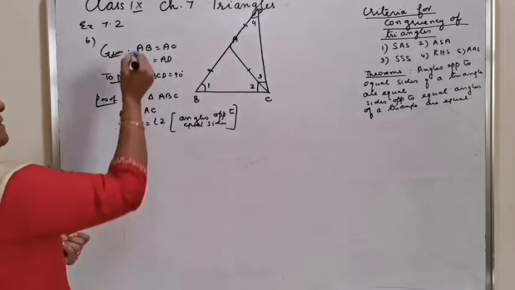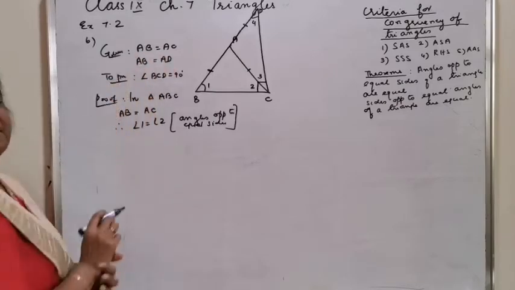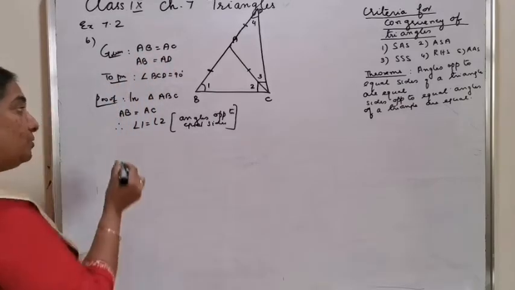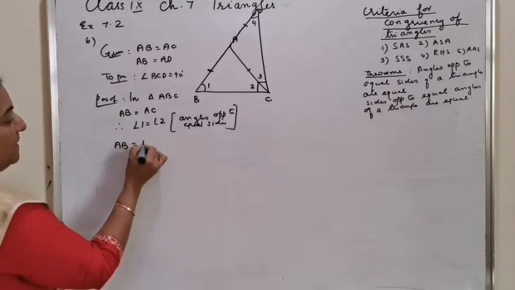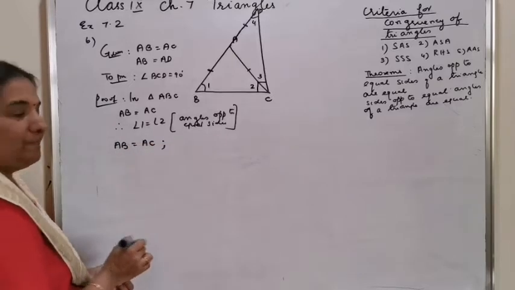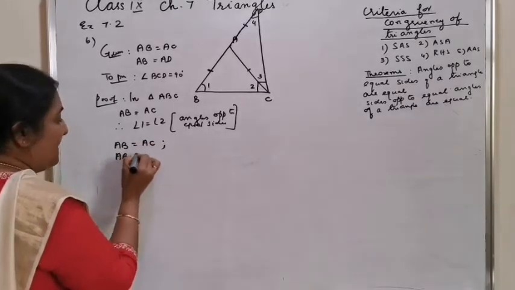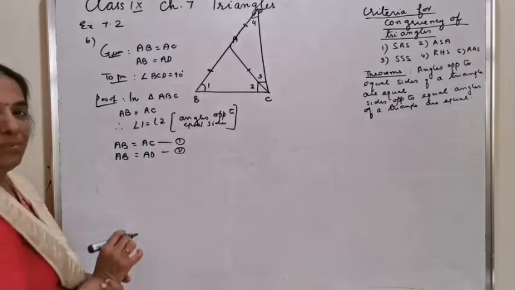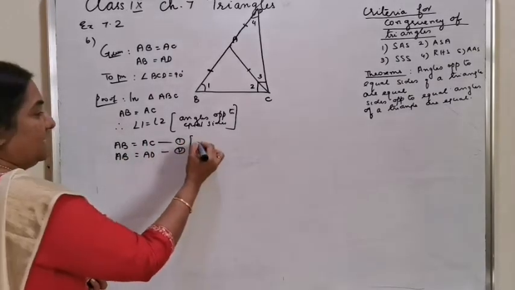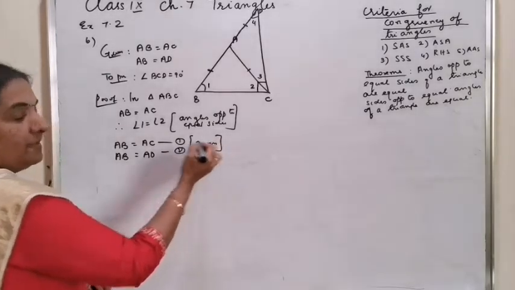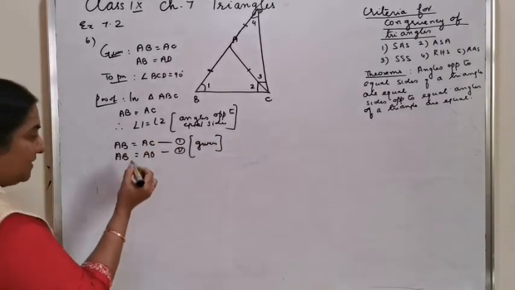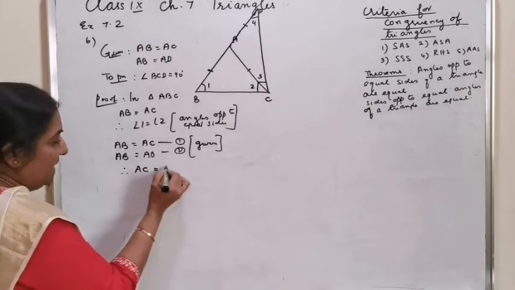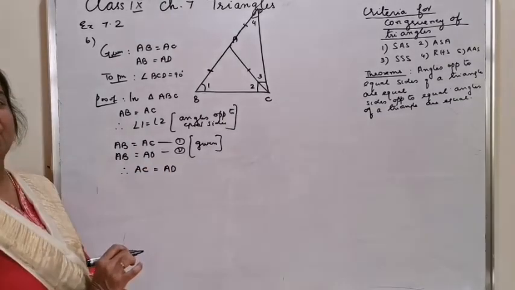Now, also it is given that AB is equal to AD. Let's take both the conditions again. AB equal to AC. Also AB is equal to AD. Let's mark them as equations 1 and 2. Both the conditions are given. From there, you can write, therefore, AC and AD are also equal.